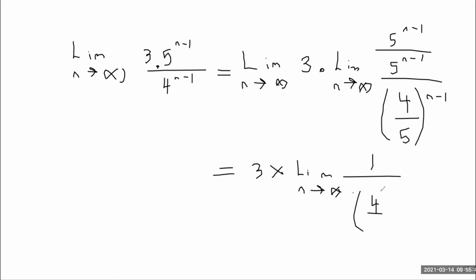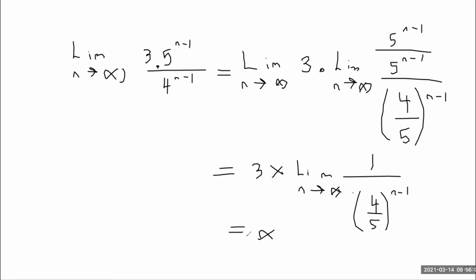If we plug n as infinity in here, a fraction to some big number goes to 0, and 1 over 0 is infinity, and infinity times 3 is infinity. This is going to infinity.